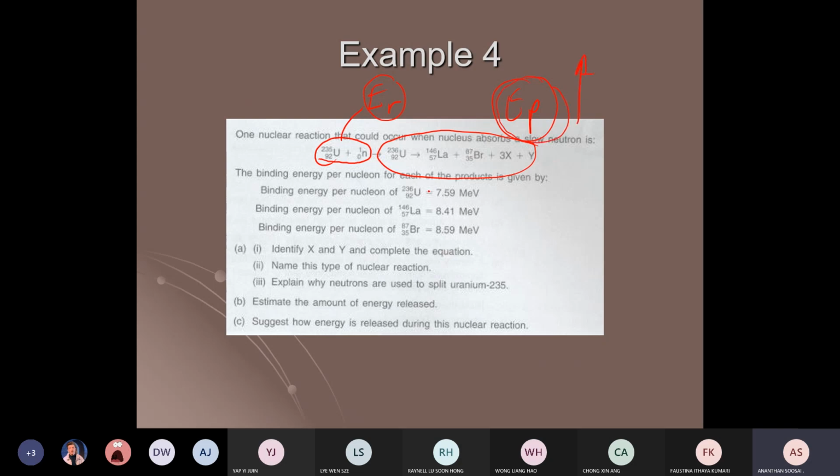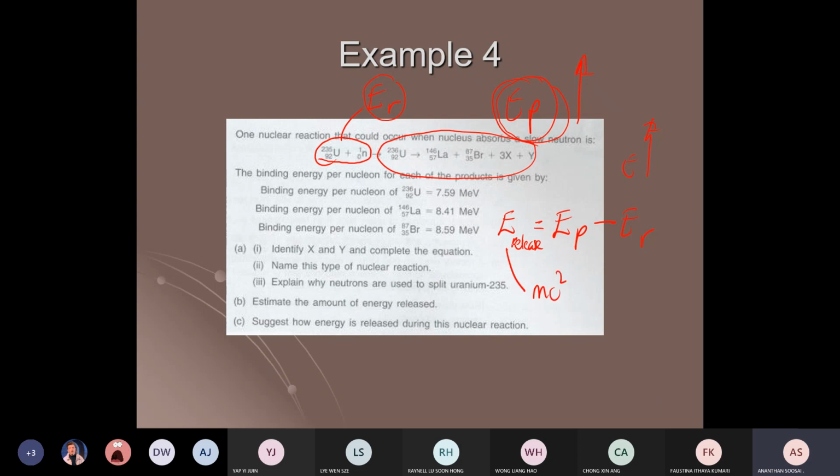The total binding energy of the product will be greater than the total binding energy of the reactant if it's exothermic, if energy is released. So remember that. The difference, the total binding energy of the product minus the total binding energy of the reactant, is the energy release, which last time we calculated by using mc squared.